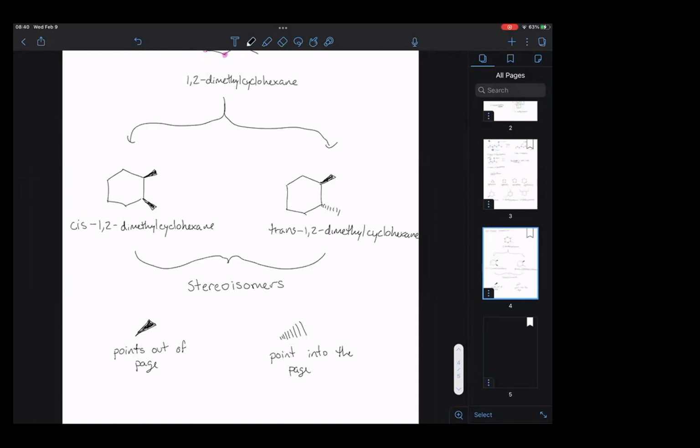On the cis isomer, both of those substituents will be pointed on the same side. On the trans isomer, they will be pointed on opposite sides.